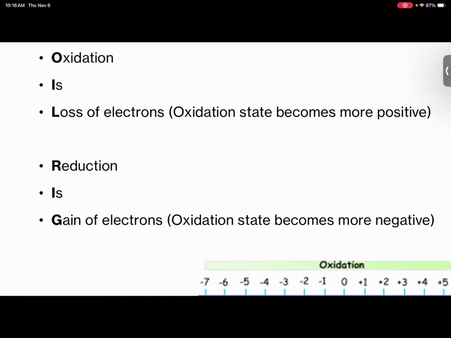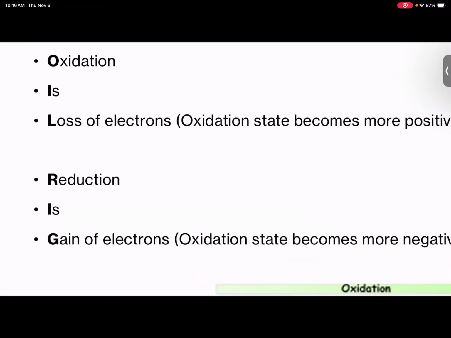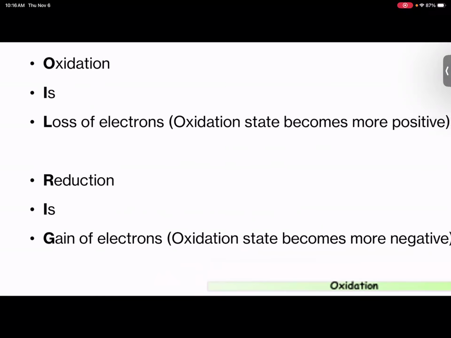Now, to help remember oxidation and reduction, you can learn OIL RIG. OIL stands for oxidation is loss of electrons, meaning that the oxidation state will become more positive as we follow the electrons from reactant to product.